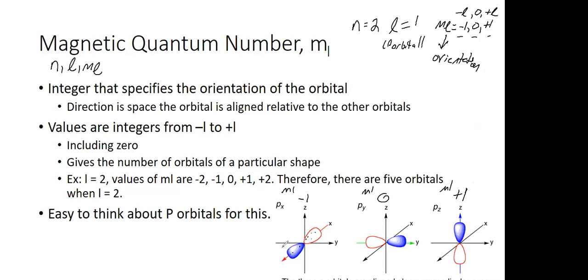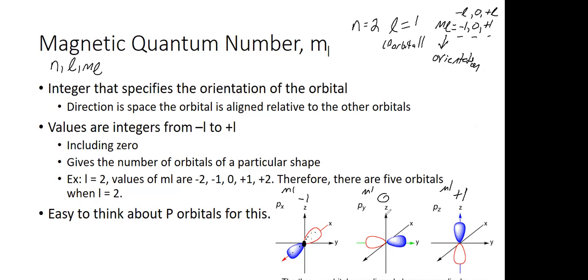So imagine that right here in the center is our nucleus. And on L equals 1, m sub L equals -1, we have our p orbital going across the x-axis. If m sub L is 0, our p orbital is now going across the y-axis.